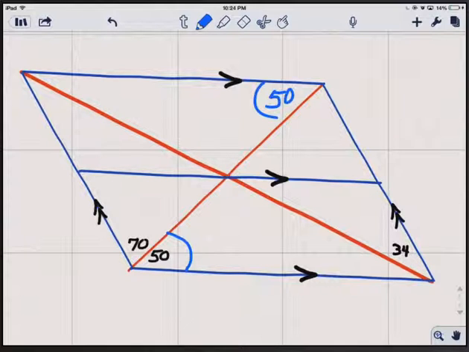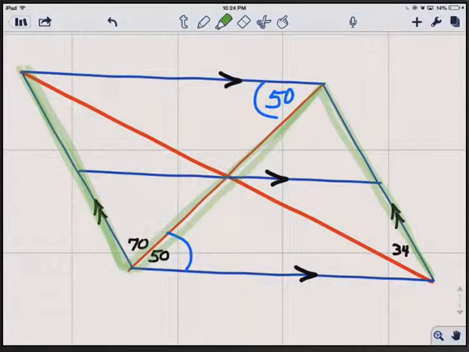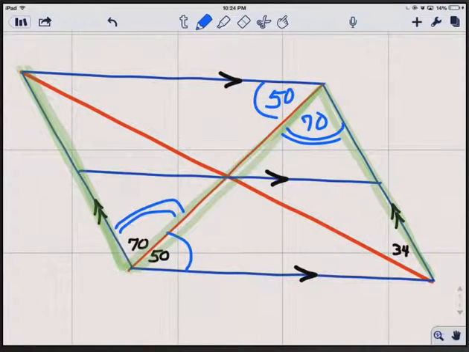We can find a different Z-shaped figure, say this one that I'm highlighting in green, and that Z-shaped figure, the inside corners have to be congruent, so the inside corners would be this angle 70 and this angle another 70. So alternate interior angles are still congruent. And now to proceed yet again, we can find a lot of different angles.